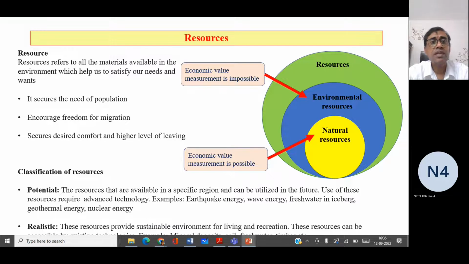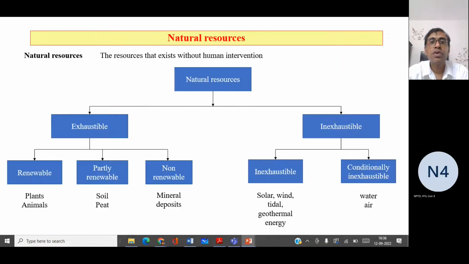We also discussed different resource bases, and within that we have environmental resources and natural resources. Then we went through different classifications of resources, and we have total natural resources divided into mainly two parts, that is exhaustible and inexhaustible.